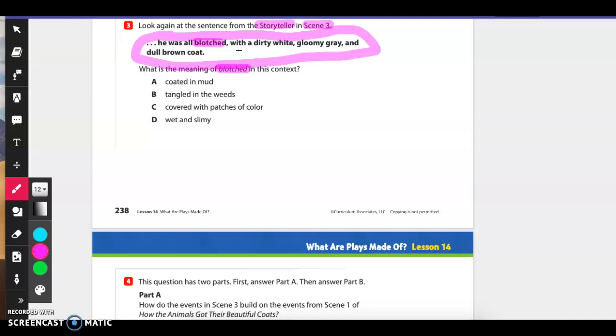Blotched. Does that mean covered in mud? He was all covered in mud with a dirty white, gloomy gray, and dull brown coat? Or he was tangled in weeds? Or he was covered in patches of color? Or he was wet and slimy? Press pause and choose your answer now.